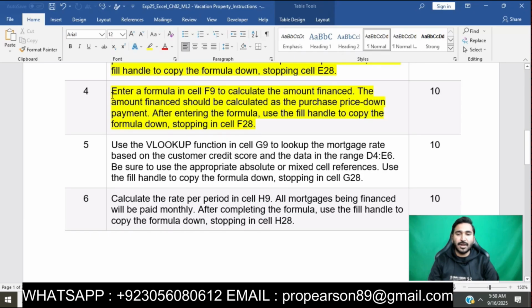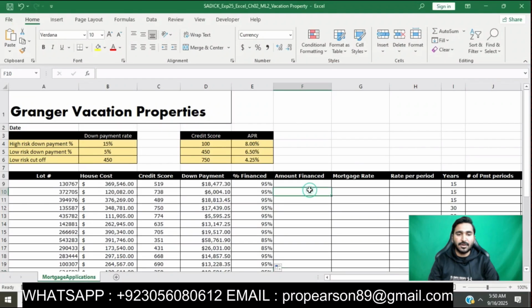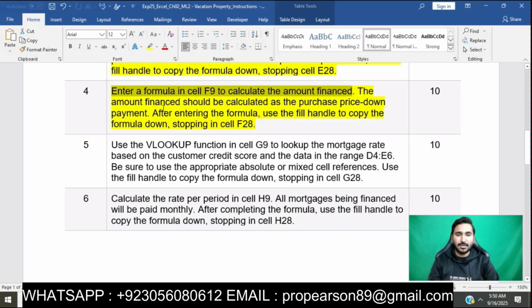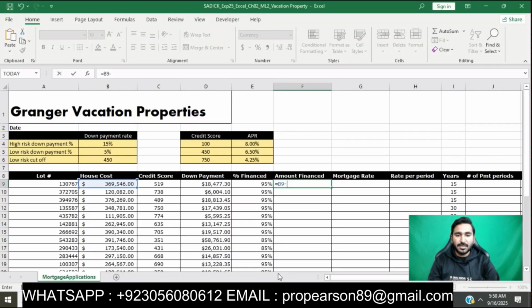We will go to our Excel workbook and enter the formula in cell F9. Click on cell F9 and press equals. Purchase price minus down payment: B9 minus D9.